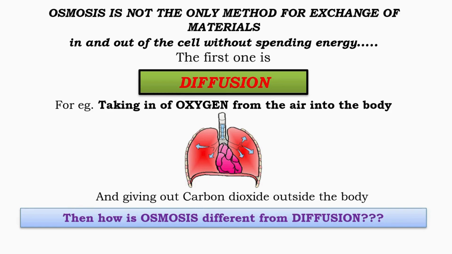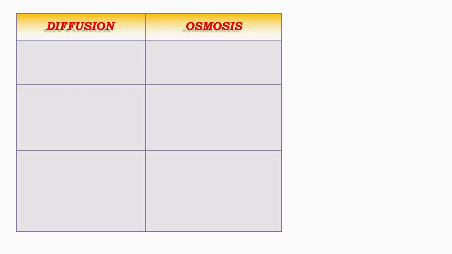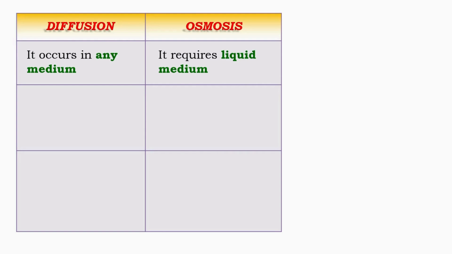Then how is osmosis different from diffusion? Diffusion and osmosis difference. Diffusion occurs in any medium. Osmosis requires liquid medium.